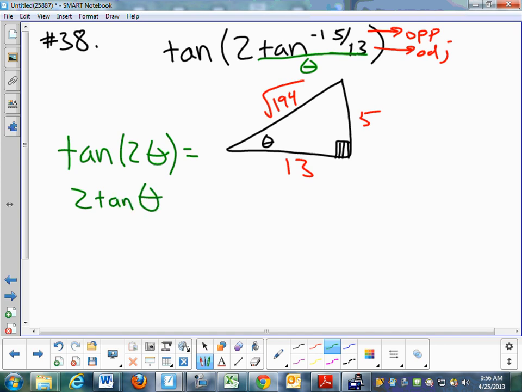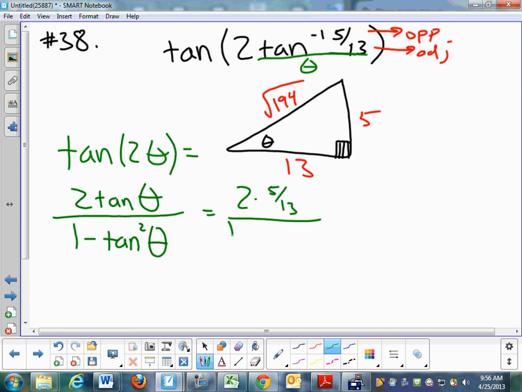So I got to do 2 tangent of theta over 1 minus tangent squared of theta. What's tangent of theta? Tangent of theta is 5 over 13, right? So I'm going to get 2 times 5 over 13 divided by 1 minus 5 over 13 quantity squared. The rest is algebra.